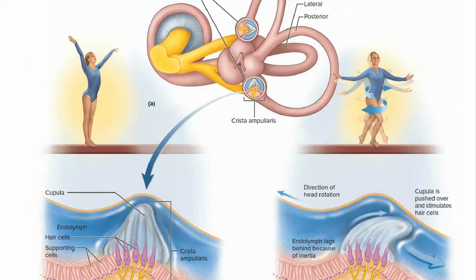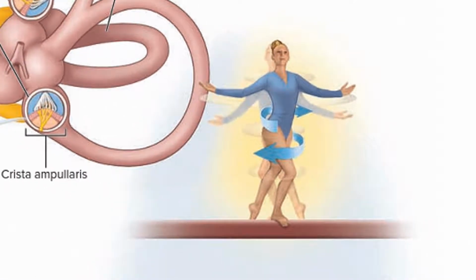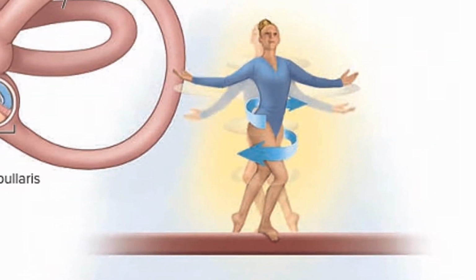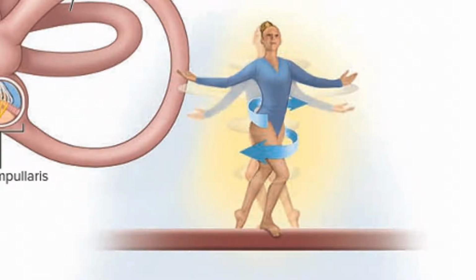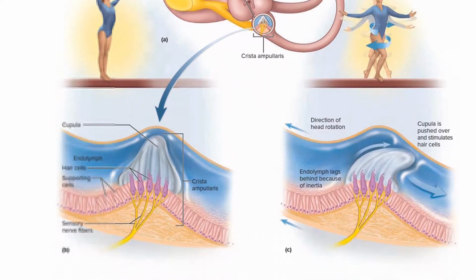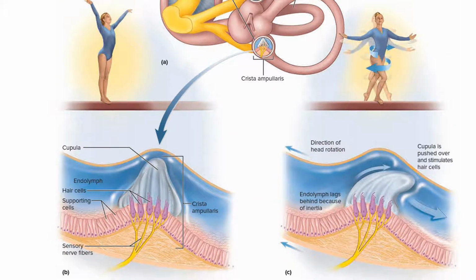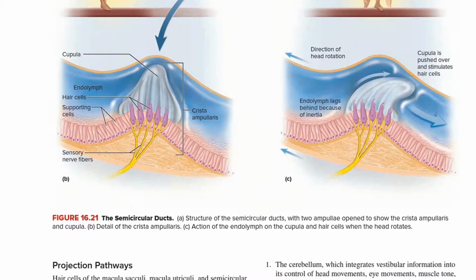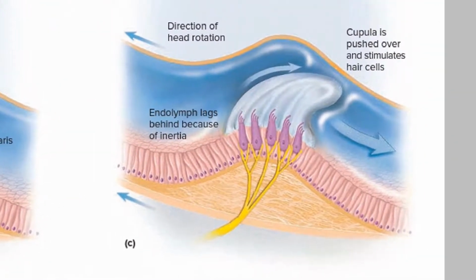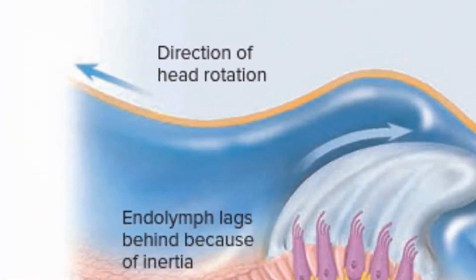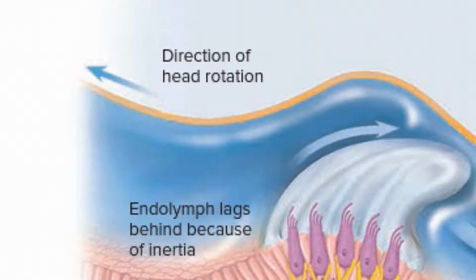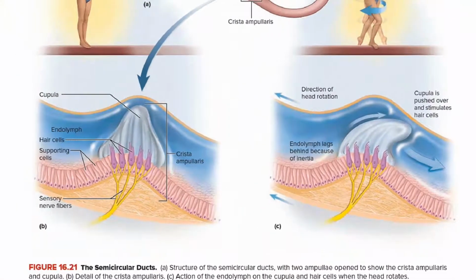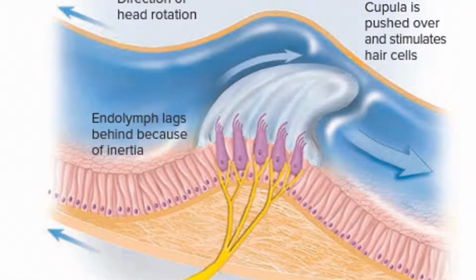Now in this figure, the girl has started to dance, and she is doing a rotational dance. She is dancing in a circular path. So when the girl is dancing, due to the rotational movement, with the arrow they are showing us the direction of head rotation, and the endolymph lags behind.